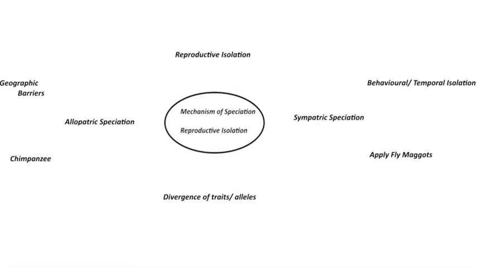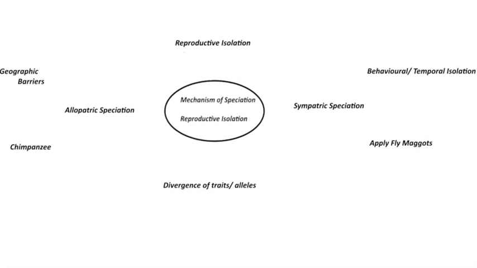Let's take a summative look at the two forms of speciation which you have been introduced to. The first, of course, was the allopatric speciation, which is based on the creation of geographic barriers. When we were studying chimpanzees, that geographic barrier which was introduced was a substantial river, such as the Congo.